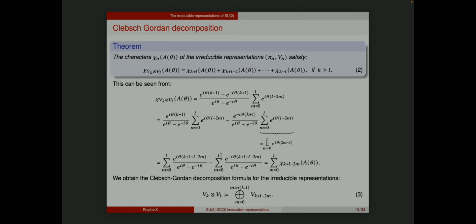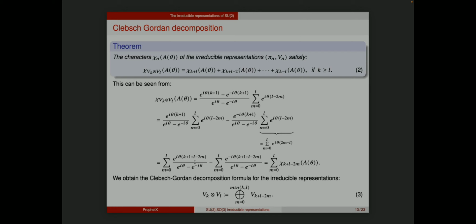And minus, we have e to the minus iθ times (k plus 1 minus l minus 2m), because we pull out here an e to the minus iθ. And yeah, so this basically shows what we desired.